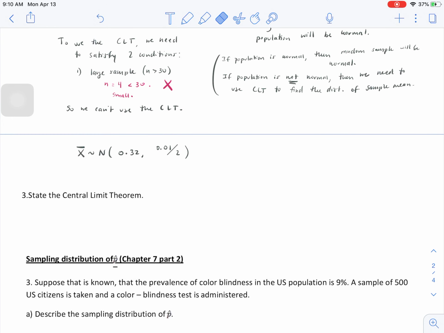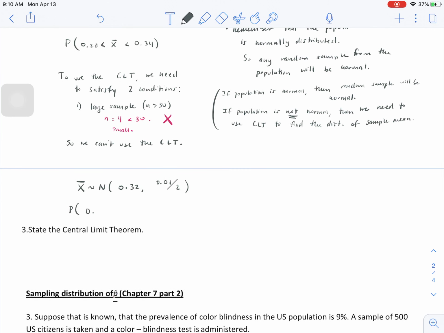Okay, so now we wanted to find the probability that the sample mean was between 0.28 and 0.34. So now we can convert to standard normal. We take 0.28, subtract the mean, and divide by our standard deviation, which is 0.01 divided by 2.